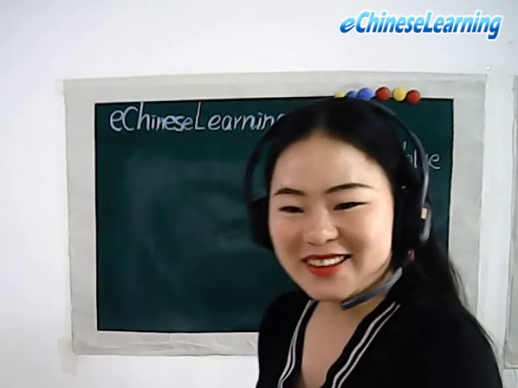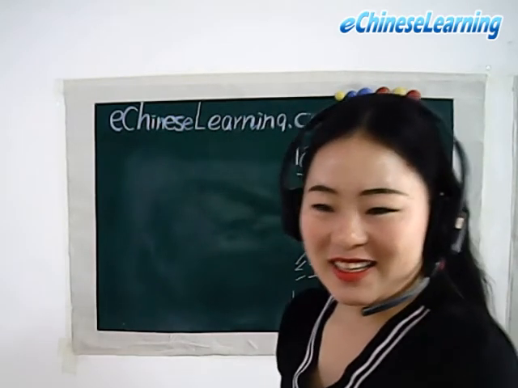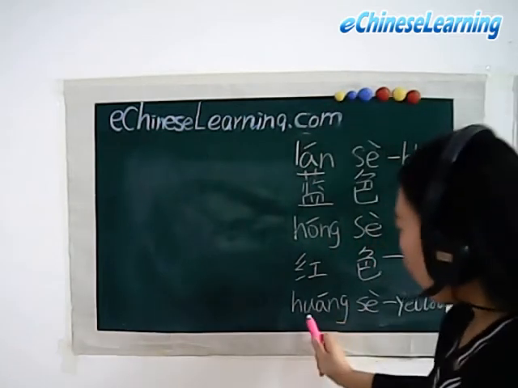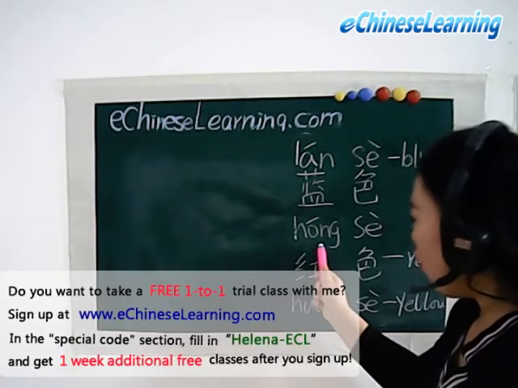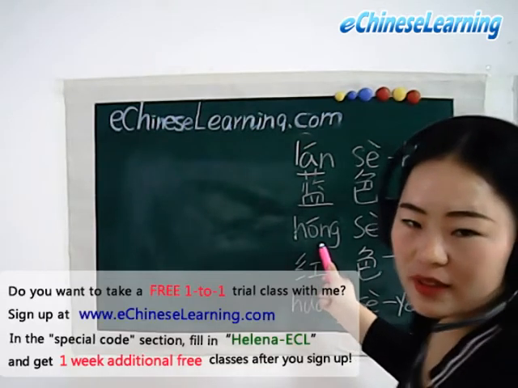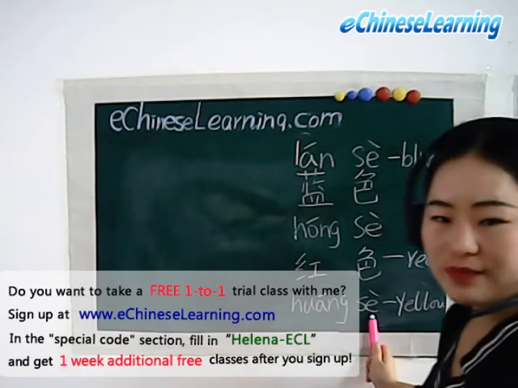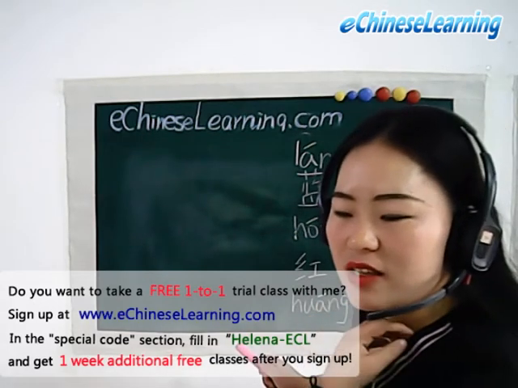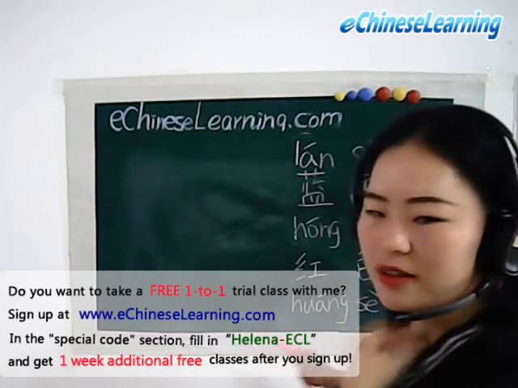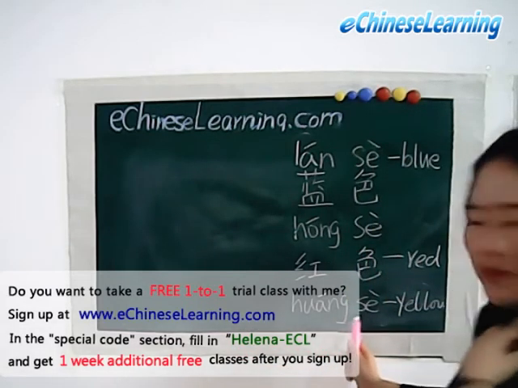What's that color? Yeah, attention. This one is 黄. This is 红. 黄色. Yeah, because it's such an early sound, so we say 黄色.